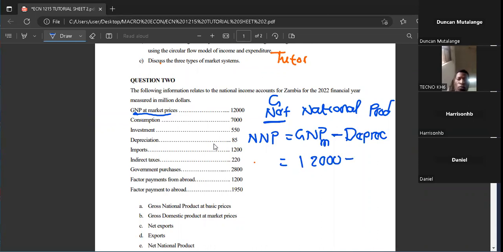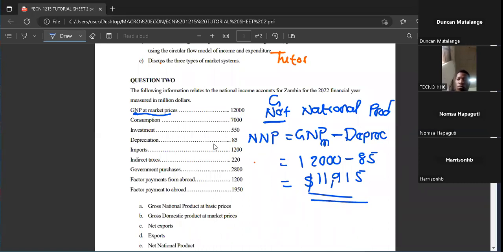Then you remove the depreciation. Depreciation there is equal to what? 85. So when you do this subtraction here, you'll find that this should be equal to what dollars? So 12,000 minus 85 is just equal to 11,915.